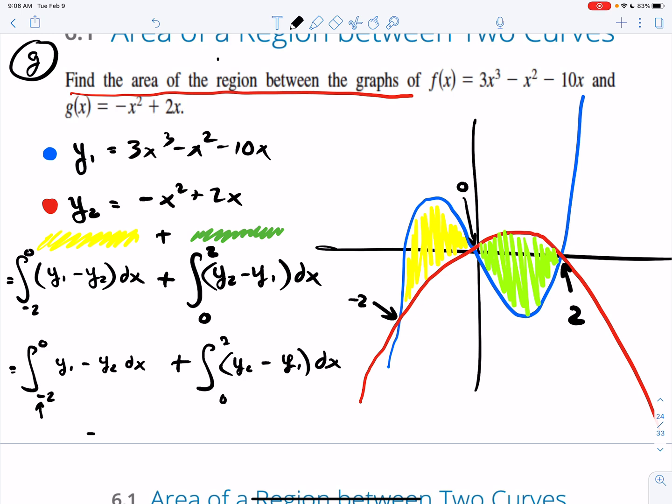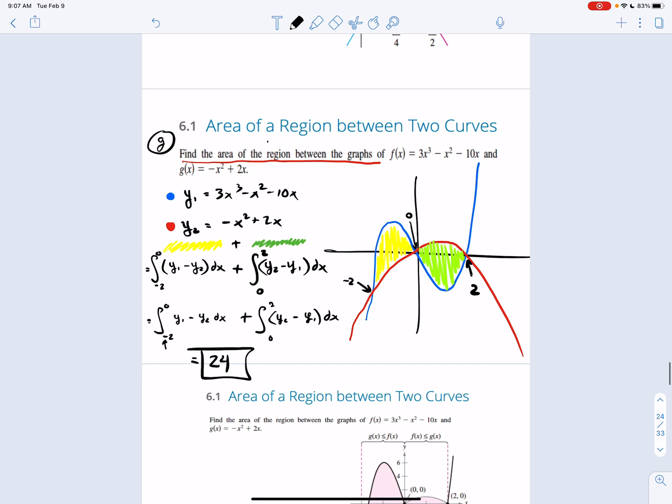Now it's alpha trace y2 minus alpha trace y1 dx. Okay, I got a clean number. It's 24. Okay, and that's it. So sometimes you have multiple regions. If they're nice enough, they'll give you the bounds. If not, you're going to have to find the intersections, okay?